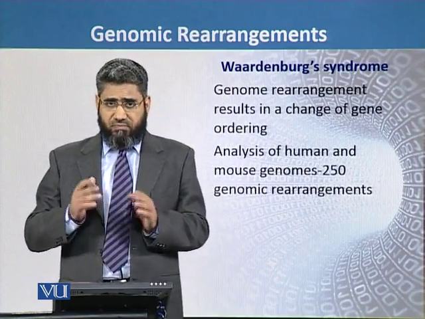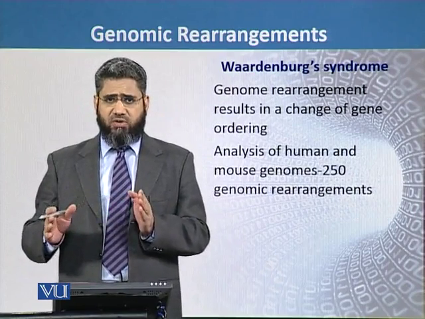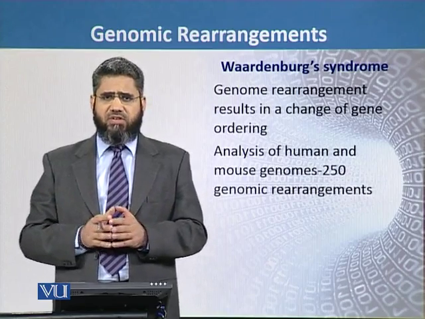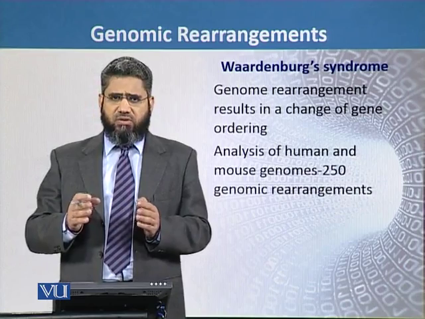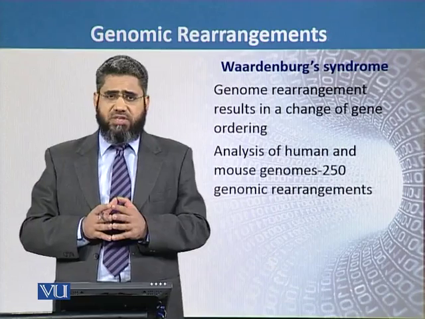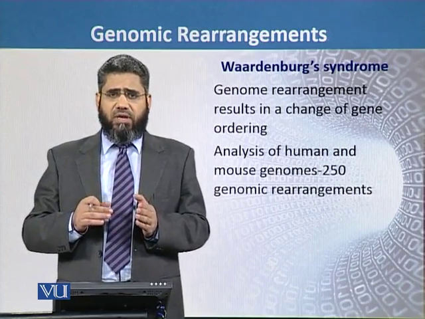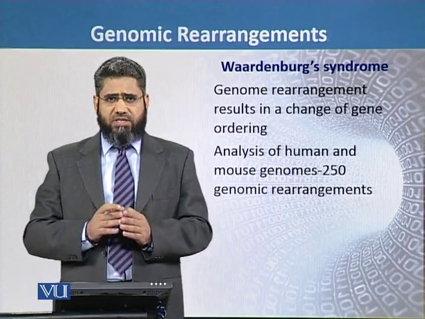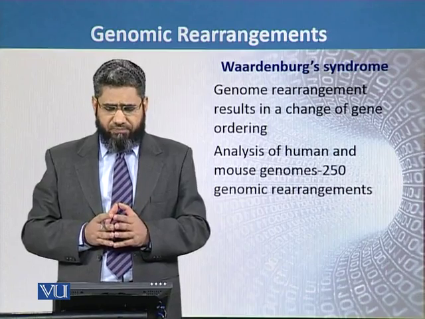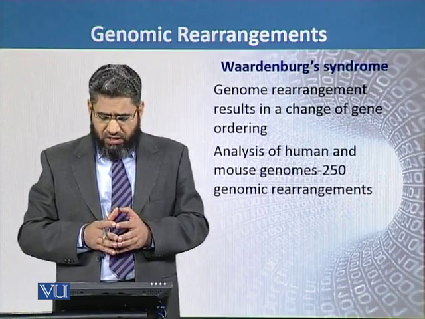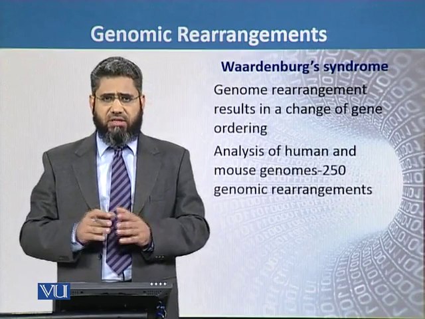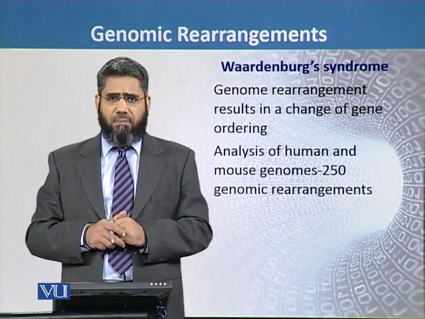So we can see that rearrangement of the genes within the genome can result in the alteration of the genome architecture. We cannot say with confidence how many times this change in the genome occurred in the evolutionary history, but we can assume that a total of 250 genomic rearrangements can be found in the human genome as compared to the mouse genome.